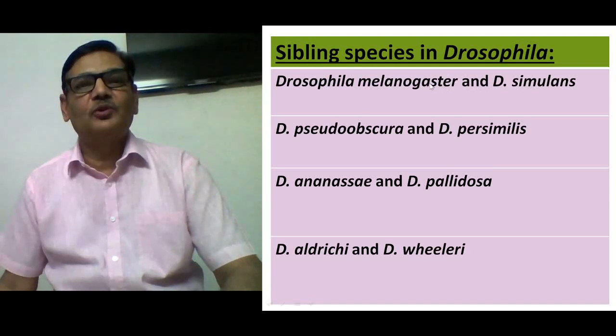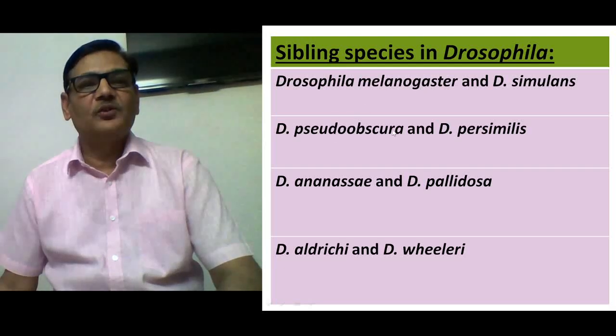It means if they are put together, they do not mate with each other, and if some kind of mating occurs between them, then they produce sterile hybrids. So it means that they have been derived from a common ancestor, but they have undergone such kind of genetic change in each other that they are now reproductively isolated.